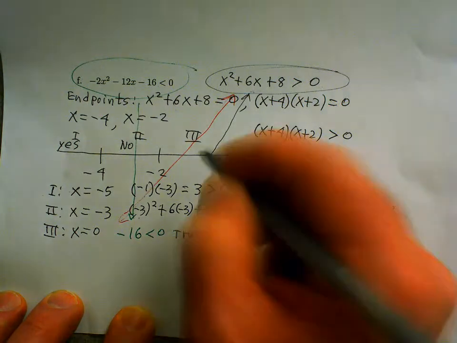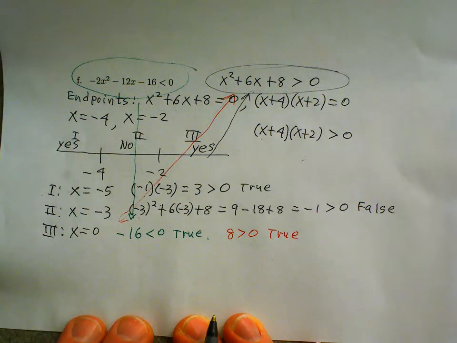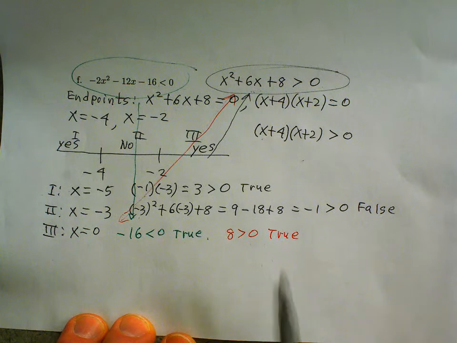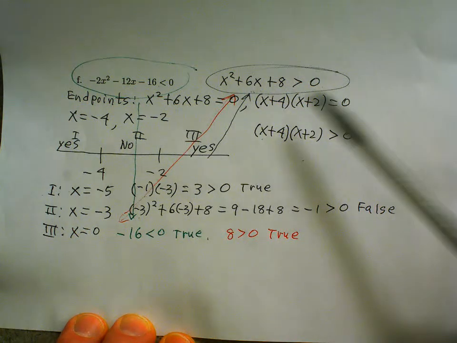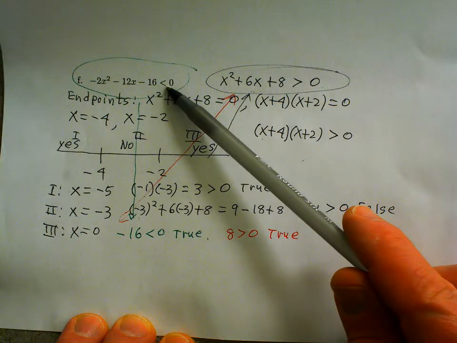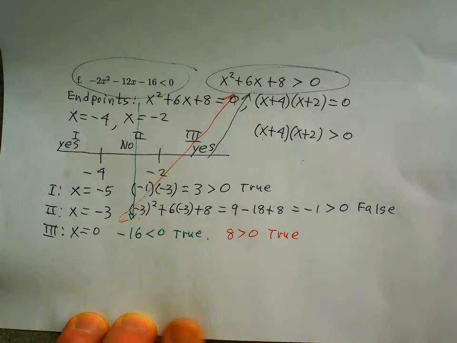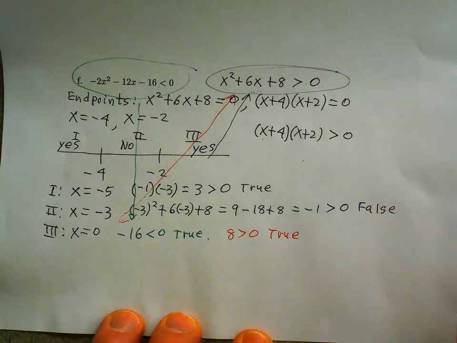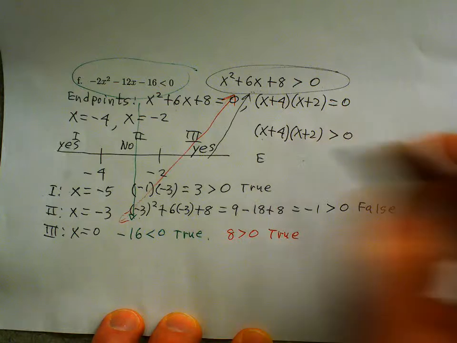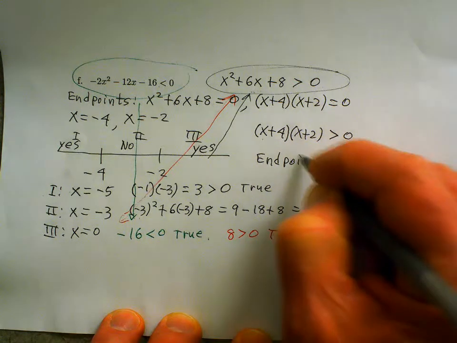But anyway, every number in the third interval is also a solution. This time, since the original inequality is just a strict less than, that means the endpoints are excluded because it doesn't have the or equal to part. So the endpoints are excluded.